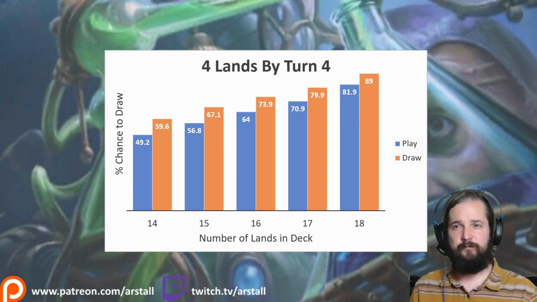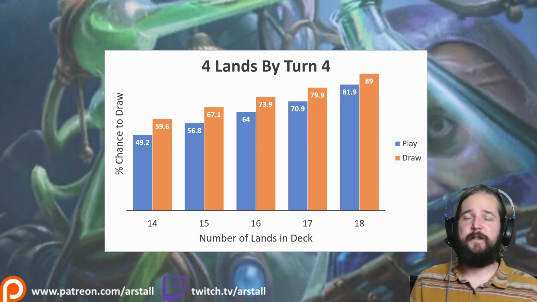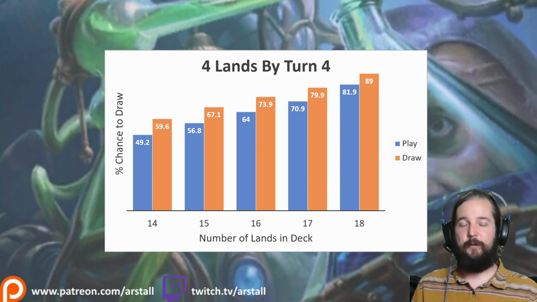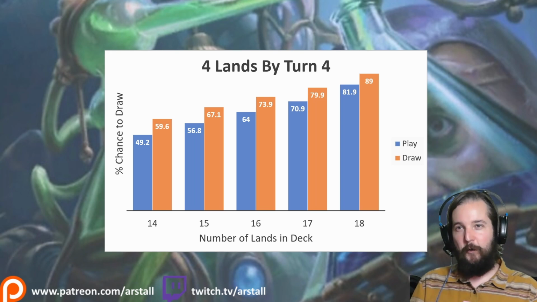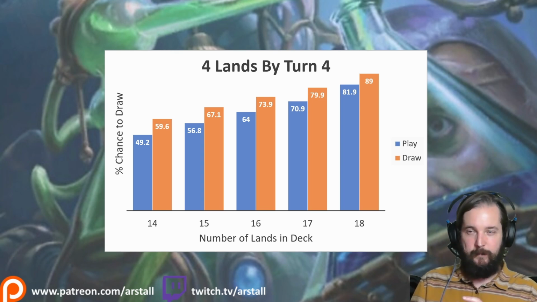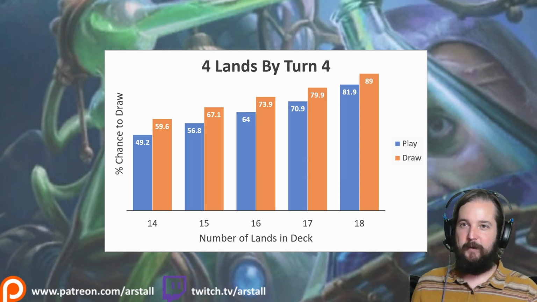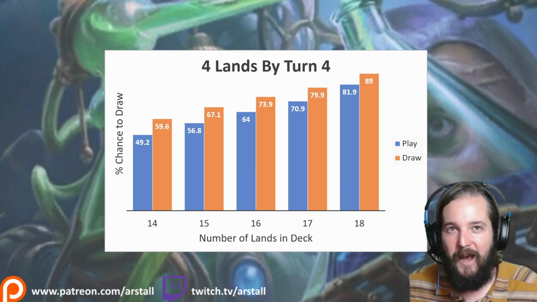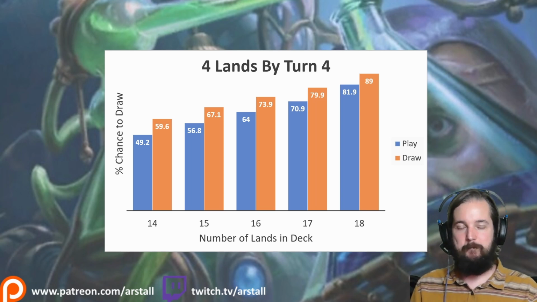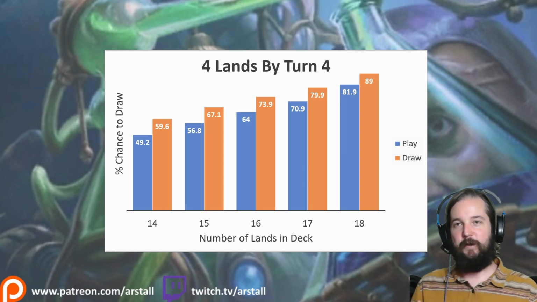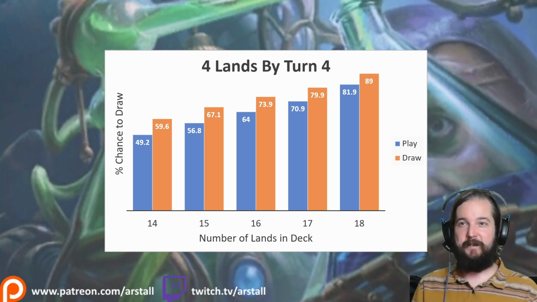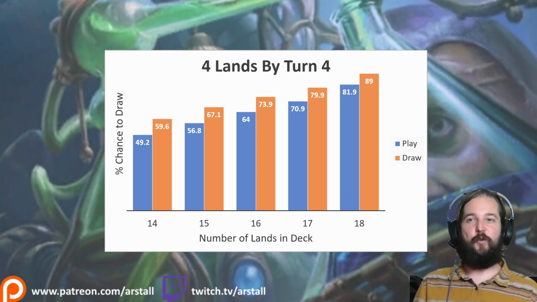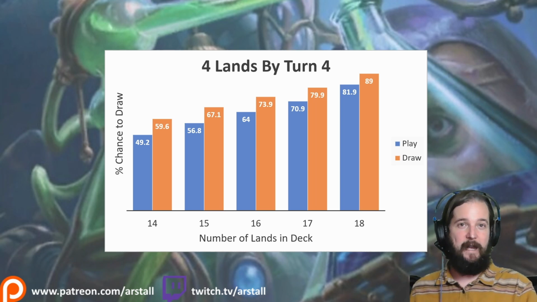And then we've also got the... it's good to refresh this, right? So the 4 lands by turn 4 is something that we can kind of tweak a little bit, because if we lower our curve, then let's say we don't have that many 4-drops in our deck, then we can get away with running fewer and fewer lands.